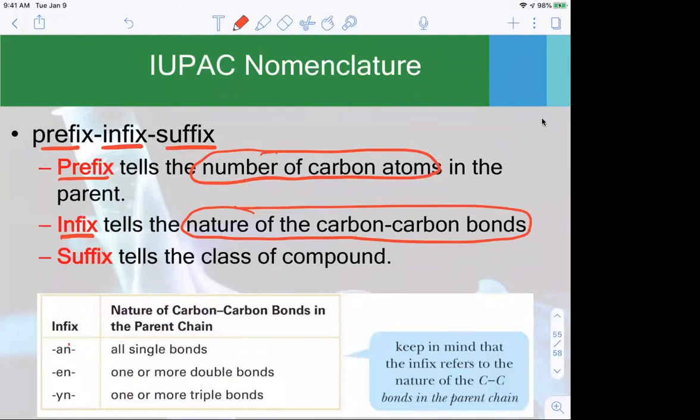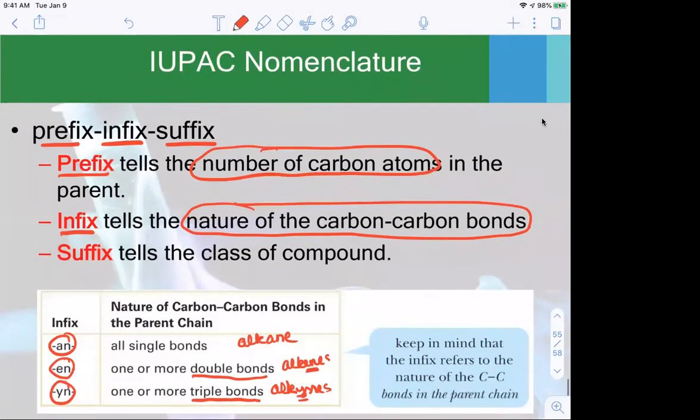I'm going to have an AN, an EN, or a YN. AN would be alkanes where I only have single bonds. EN would be alkenes, where I have 1 or more double bonds, and YN are alkynes, where I have 1 or more triple bonds.